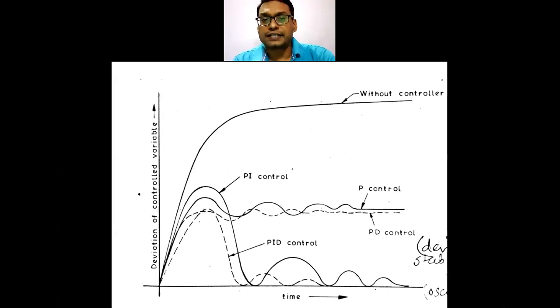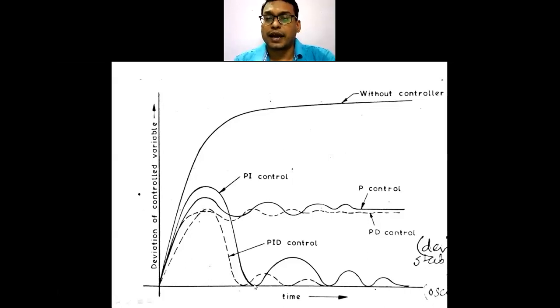Now we have already studied this graph, how the controller behaves with respect to time for a step change. This is the deviation of the control variable, and on the x-axis it's time. The proportional controller gives you the offset. The proportional derivative controller gives you the sinusoidal plus offset. However, the proportional integral gives you more oscillations, but the offset is reduced.